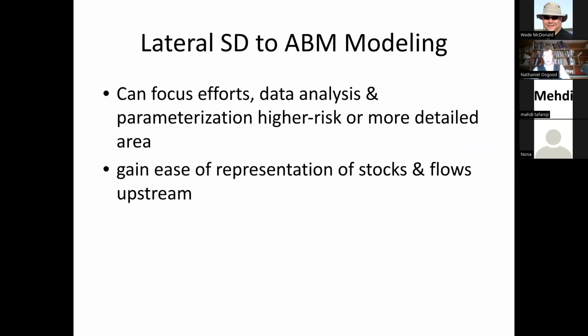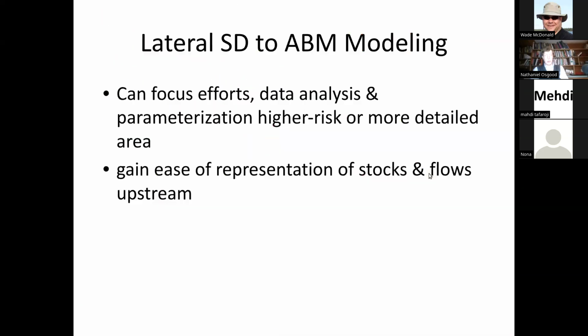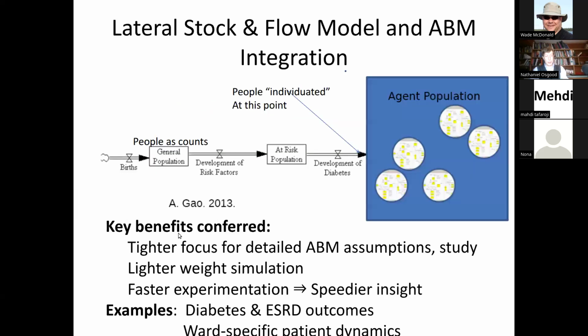I think of this as a kind of lateral system dynamics to agent-based workflow. You characterize stocks and flows upstream. You don't have to represent every person. A person's just a number, right? They're just counts of the number of people in this general population, or at-risk population.